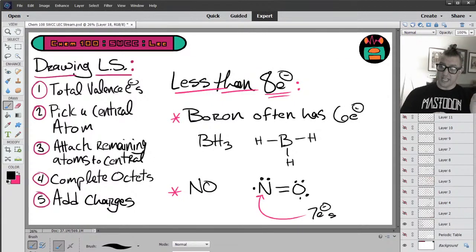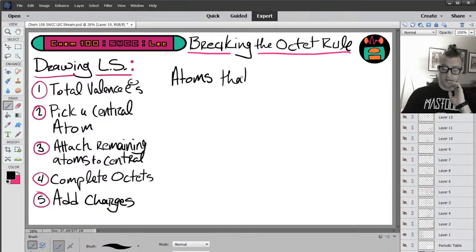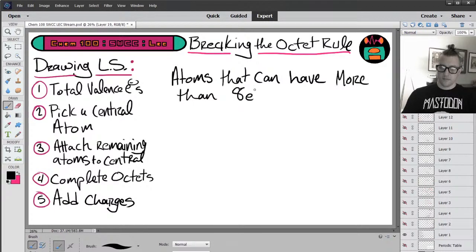What I will put on the exam, what will be covered on the exam, are atoms that can have more than 8 electrons.